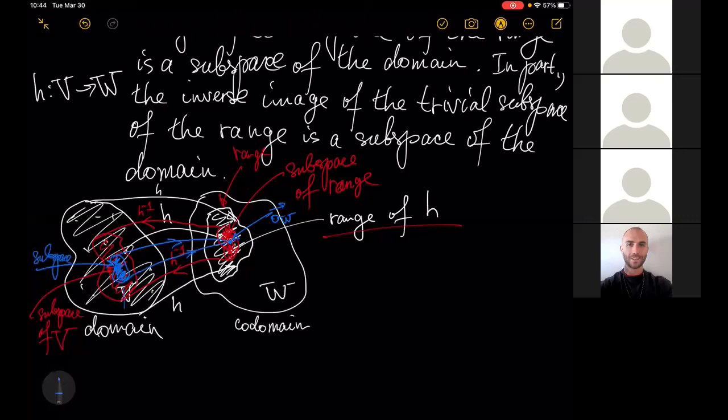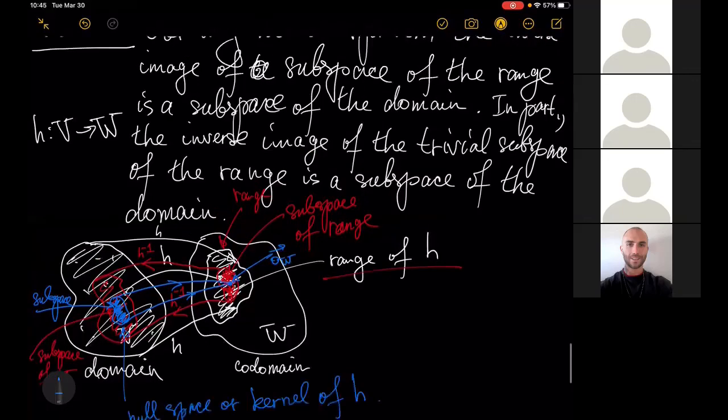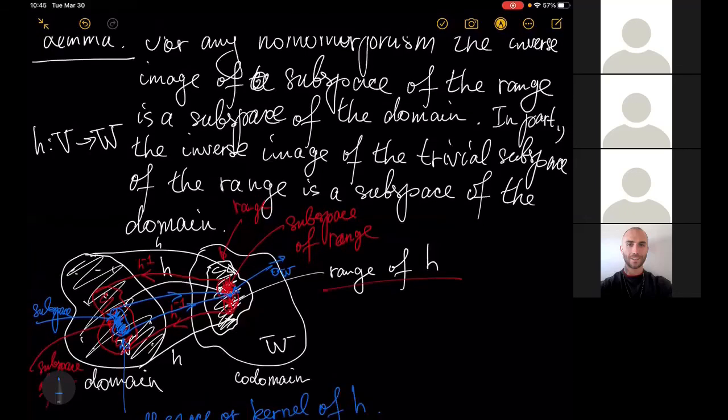And this is nothing else but the so-called null space, or kernel, of H. So is it clear?